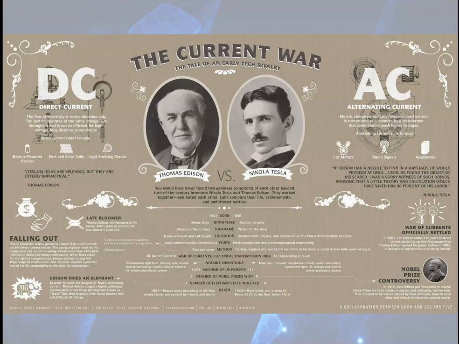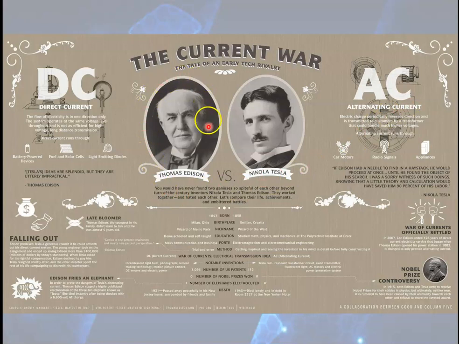So before we start, I would like to bring your attention to the story of direct current and alternating current. I hope you already watched the movie that I recommended to you about the war between the founder of direct current and the founder of alternating current.